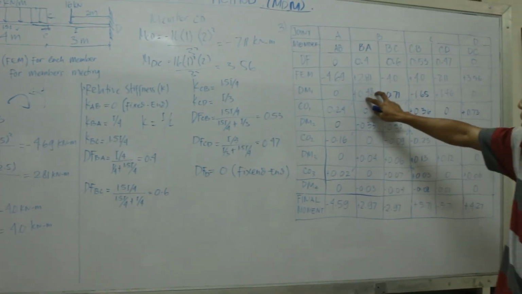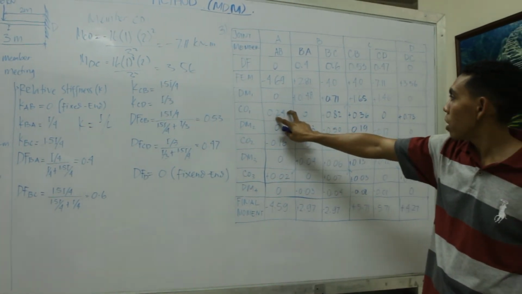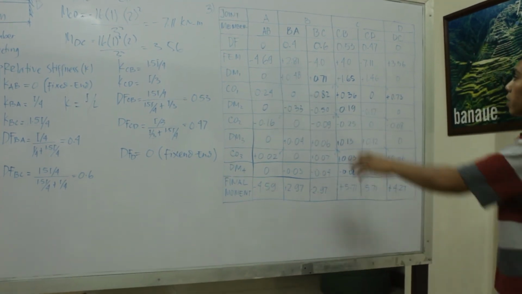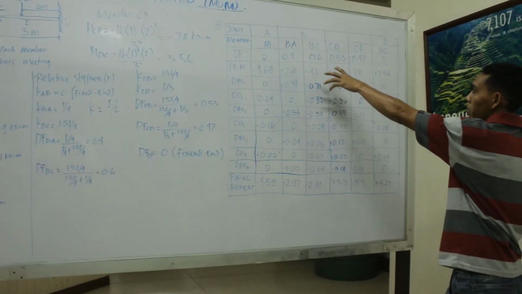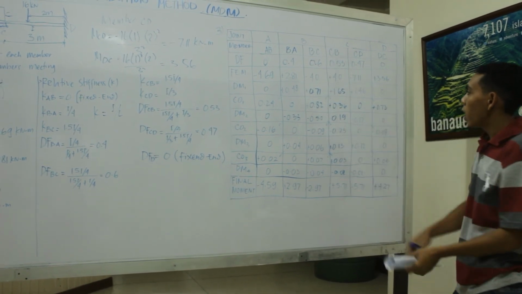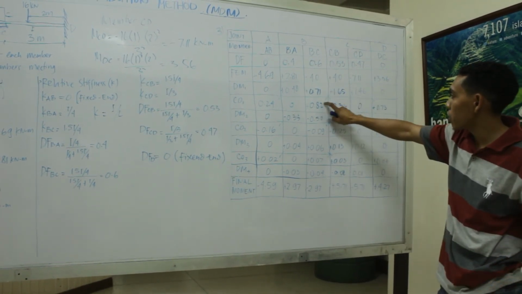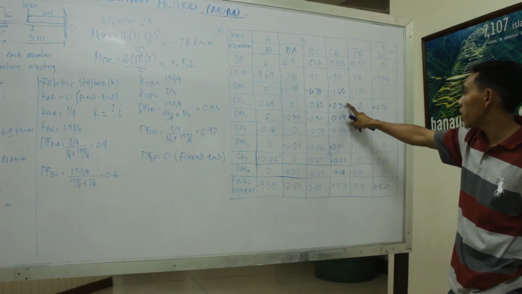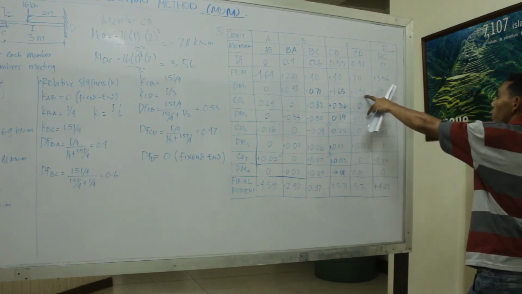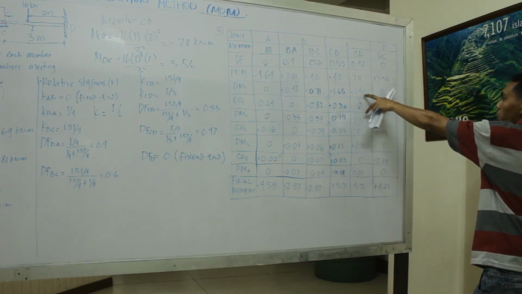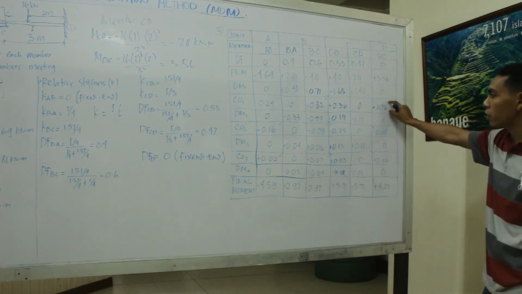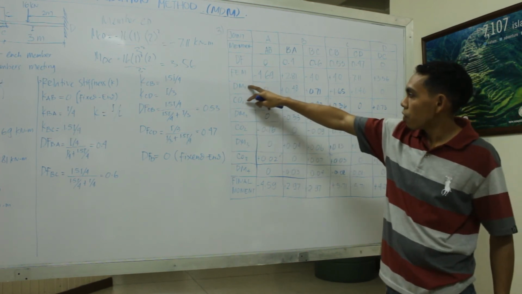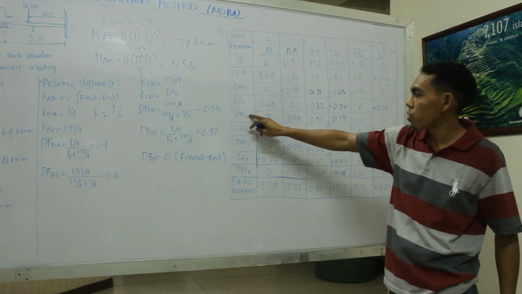So half of 0.48, we have here 0.24, this one is equal to 0 because we have here 0, and second for member DC and CB, half of 1.65 is equal to 0.82, and half of 0.71 is 0.36 here, and here we have 1.46, half of 1.46 equals 0.73 here, so we have the carryover values here.